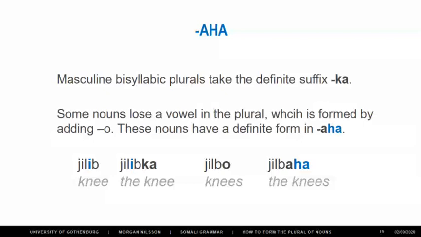They have this vowel in the singular and the vowel disappears in the plural. So, for example, jilib, jilibka in the singular definite, jilbo in the plural, and jilbaha in the definite plural. Because the word has only two syllables in the form jilbo in the plural.